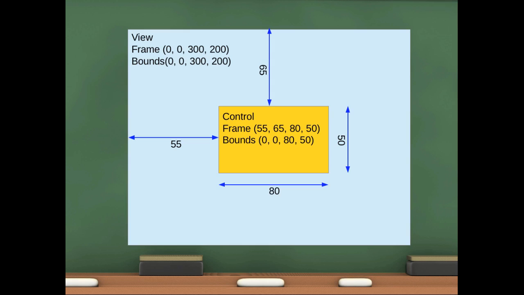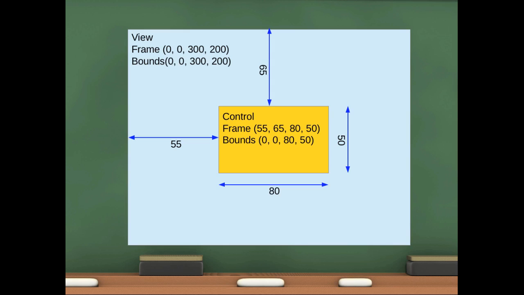Now we have a control positioned 65 units from the top and 55 units from the left of this view, and it is positioned within the view. It is 50 units tall and 80 units wide. So this control's frame is 55, 65, 80, 50, because the frame is the coordinate system within its containing view.